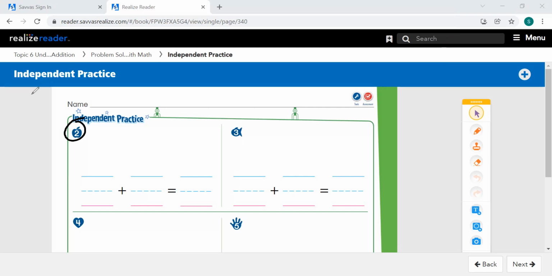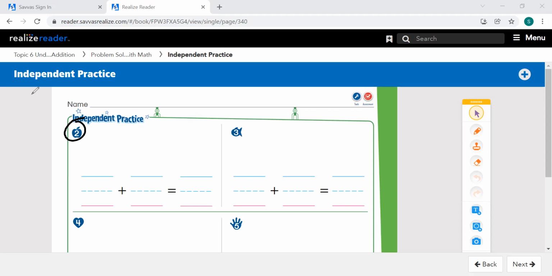And then you will write an equation that will explain the answer. So for number 2, it says, Julie sees 5 stones in one pail and 3 stones in another pail. How many stones does she see in all?